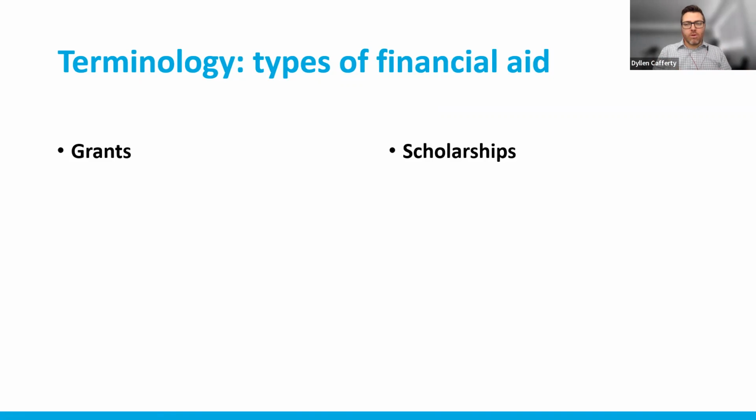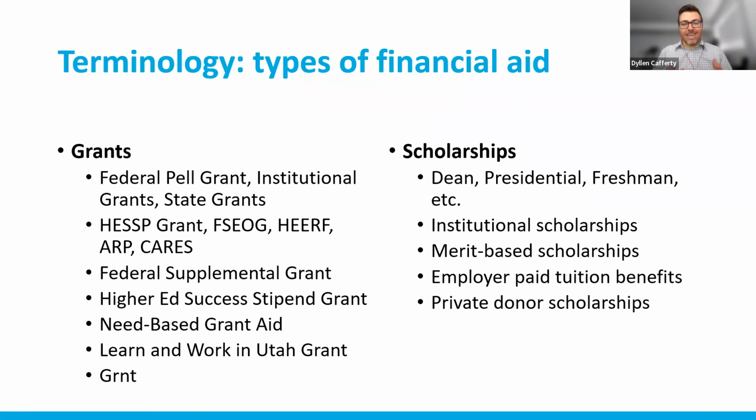As I was exploring the award letters, I noticed that on some of these grants and scholarships, there were a lot of different names. It got a little convoluted. There were acronyms. And so here are some of those examples that I encountered when I was looking at the award letters that students may encounter.